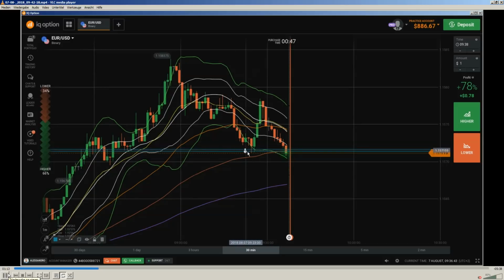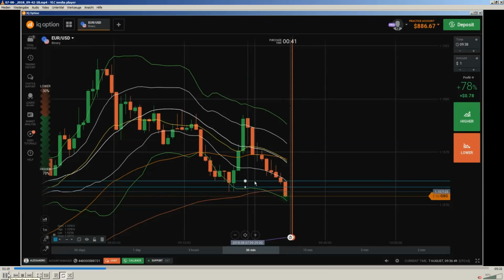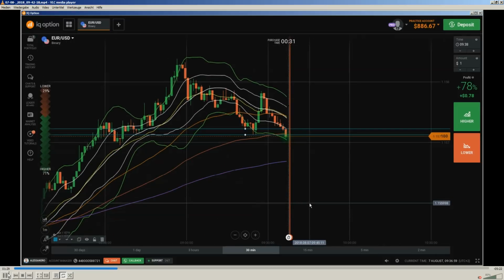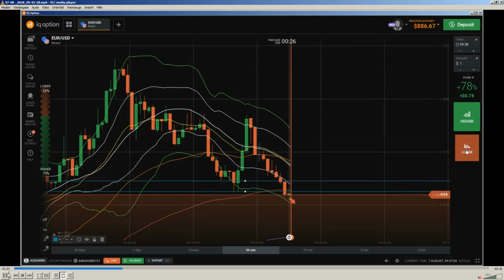You see here and here, the position was improved a little bit towards the end, and then it moved a little bit. You see it's almost a confluence between the 100 EMA and this support and resistance level, and then I enter into a put. I enter in this trend continuation because the trend is down.